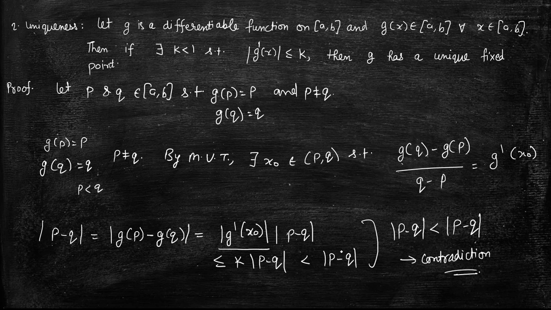Therefore, our initial assumption was wrong and we have only one fixed point. Existence was proved previously, because if g is a differentiable function, then there exists at least one fixed point, because a differentiable function implies a continuous function, and also this condition was there. So we proved that there will exist a unique fixed point if this condition is satisfied.